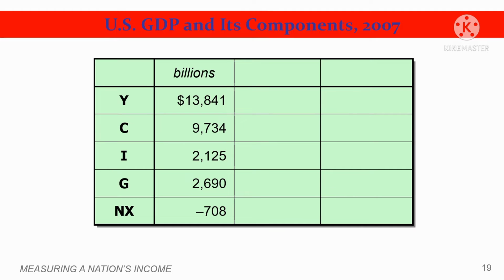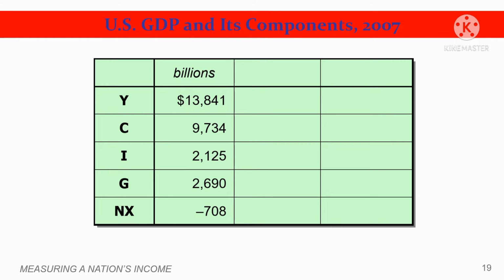Now suppose we have the following data on GDP and its components in US in 2007. So we have Y or the GDP, the total or the sum of all the four components. As we can see in the table, consumption expenditure constitutes the largest share of GDP.